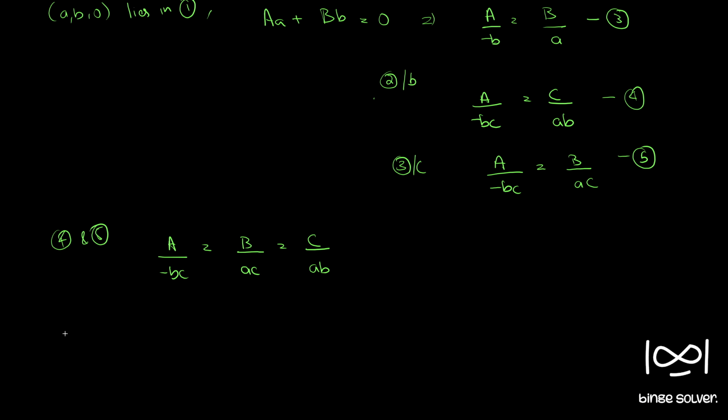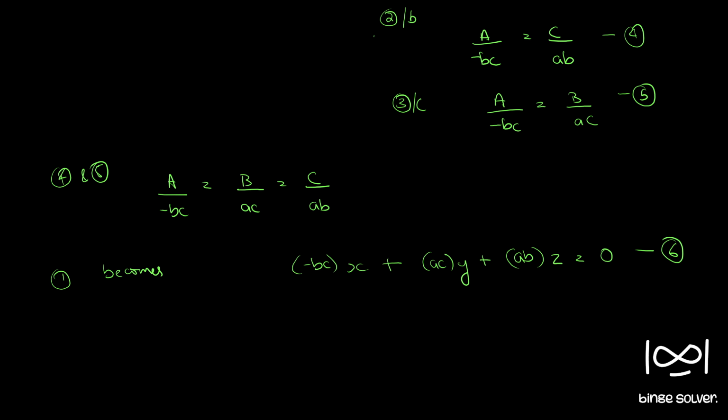So equation 1 becomes -bc x + ac y + ab z = 0. Now this is the required equation of the plane, which we will call 6.